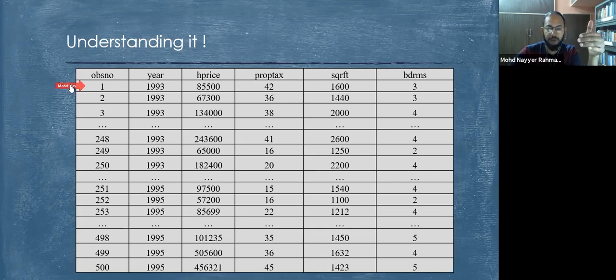Then we have observations. For 1993, at one time epoch, we have 250 observations. Then for 1995, starting from 251 to 500, again we have 250 observations. So this property is of cross-sectional. In this data type, we have properties of cross-section, because for one specific time frame, 1993, we have 250 observations and repetition is not there.